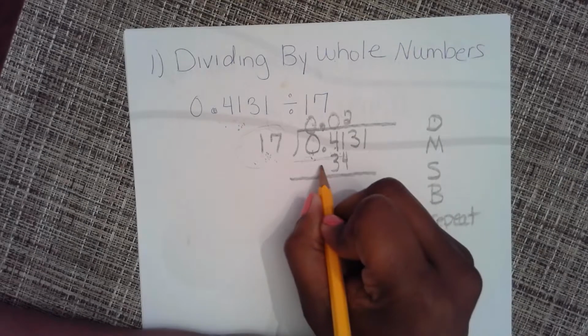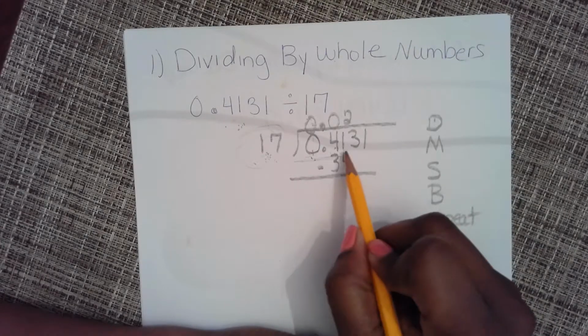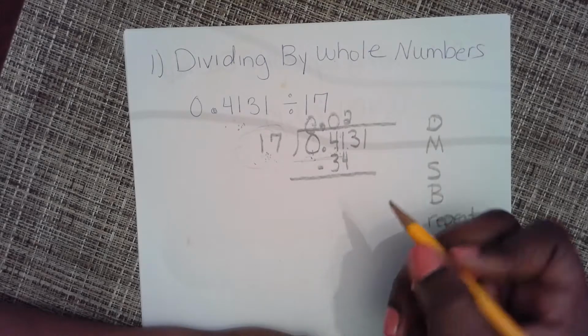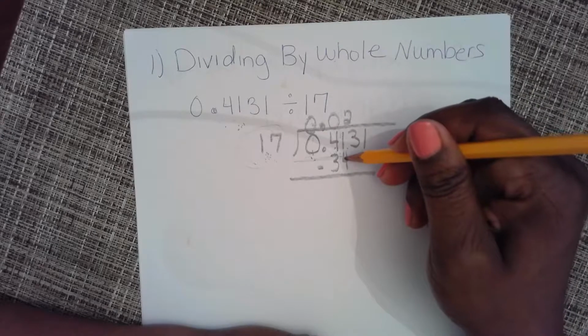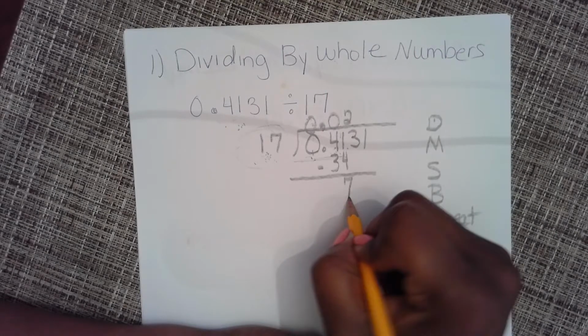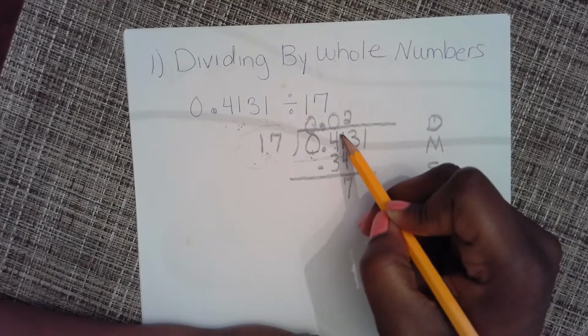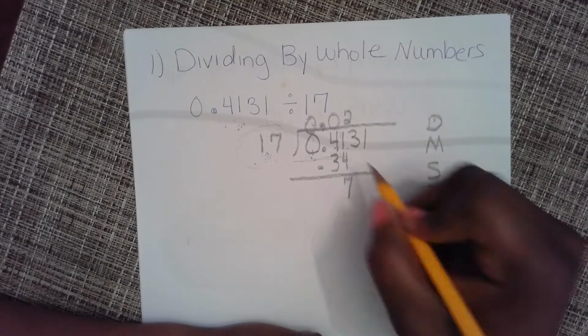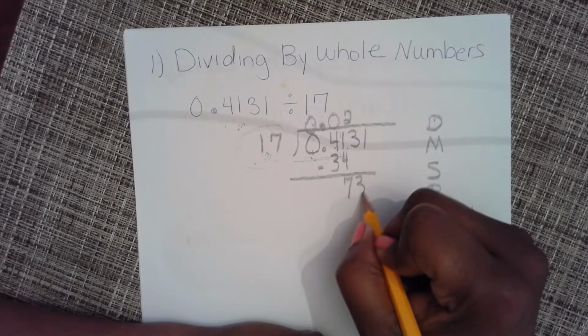Now it's time to subtract. 41 minus 34, well, let's take it by place value. I know I have to regroup. This will be 11 minus 4, which is 7. And this, since I've regrouped and added 10, this would be 3 minus 3, which is 0. So I subtracted. Now it's time to bring down my 3.